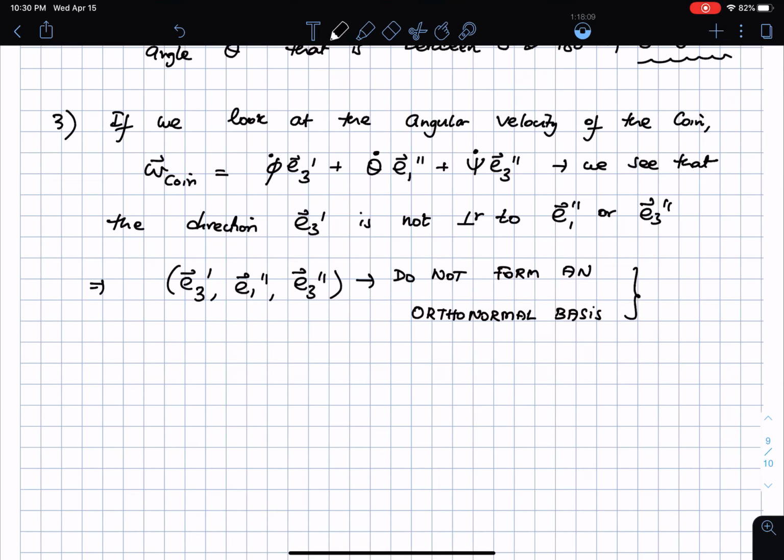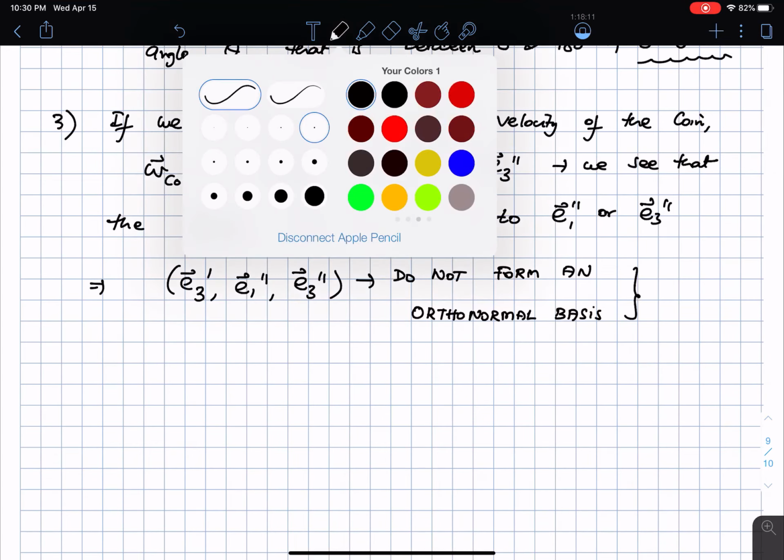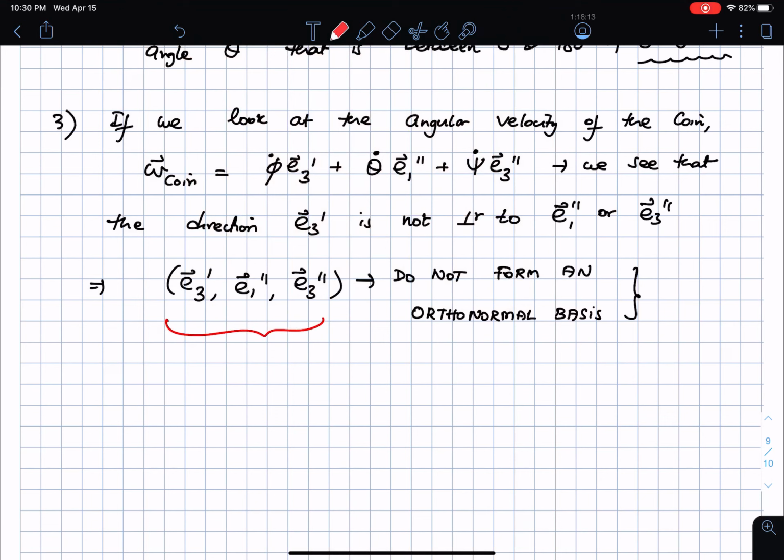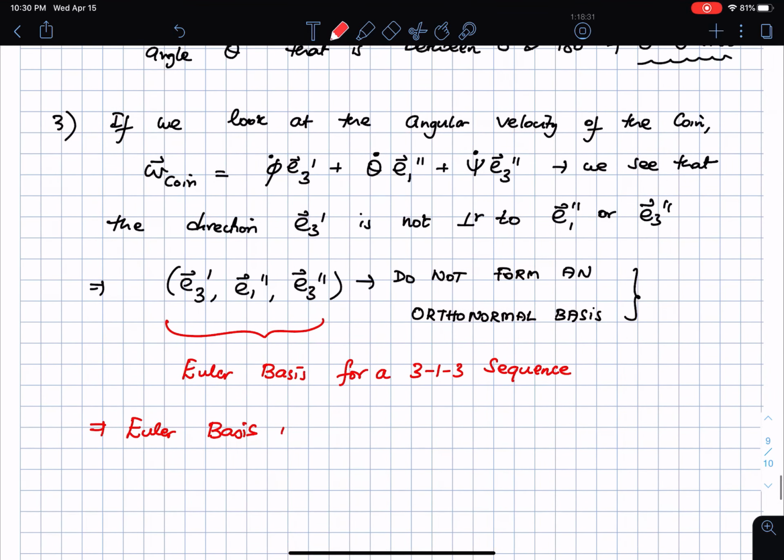So this is actually called an Euler basis. This is called the Euler basis for a 3-1-3 sequence, and the Euler basis is not necessarily an orthonormal basis.